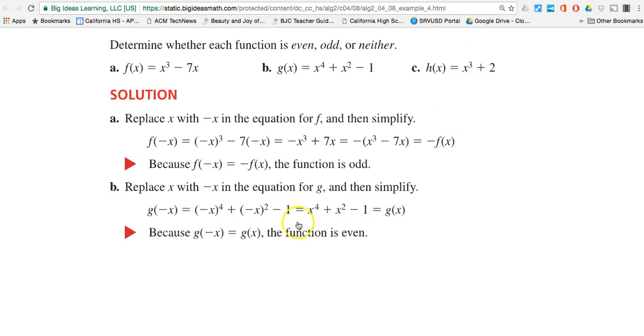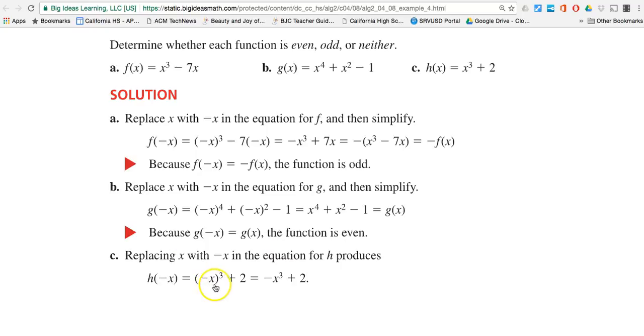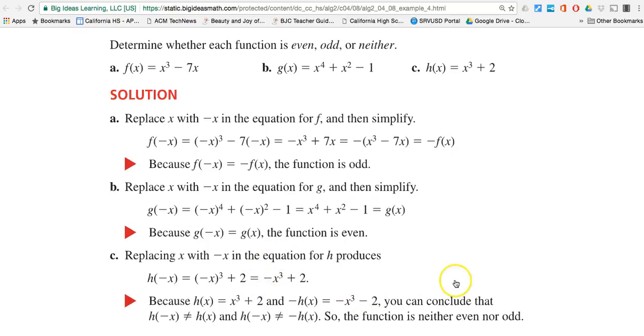Finally, our last one, you're going to see that if we replace x with negative x, we end up with negative x cubed plus 2. Now, you'll notice that's neither the opposite of our entire function nor our original function. So this is actually neither even nor odd.